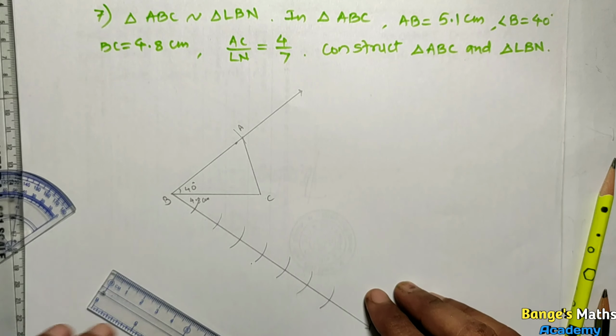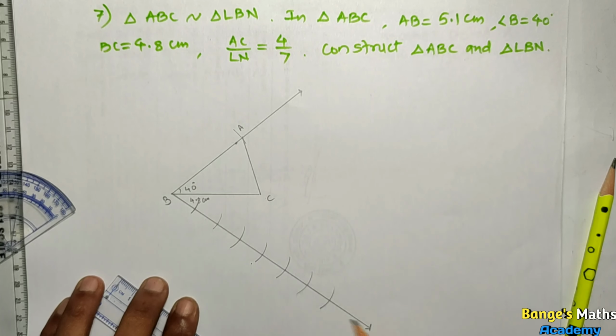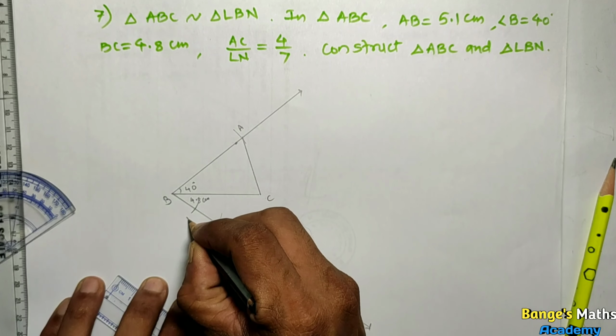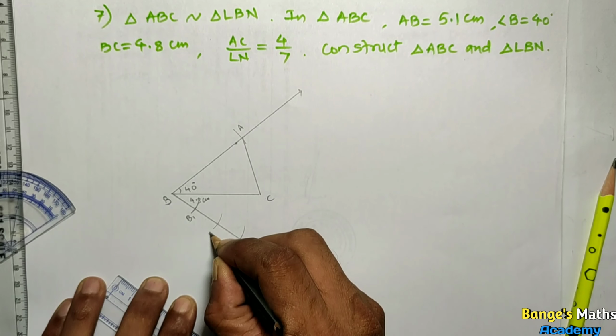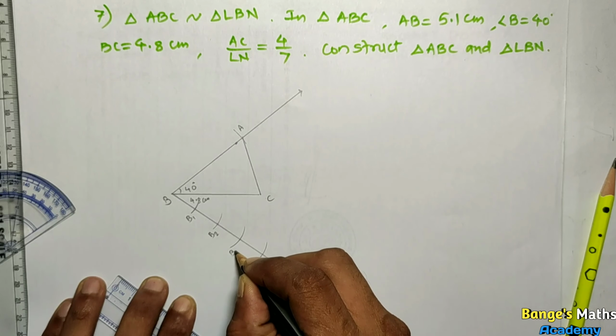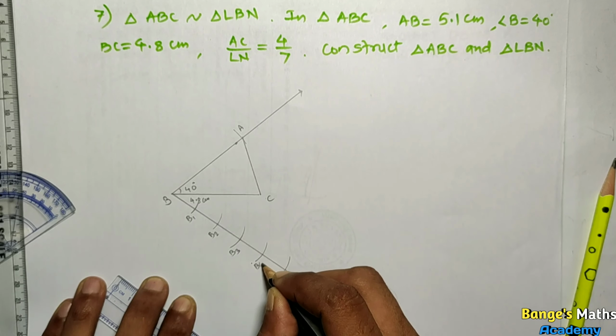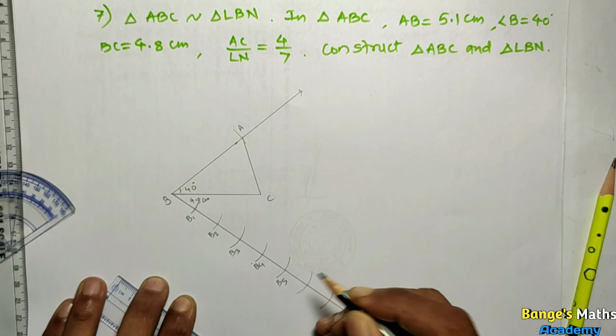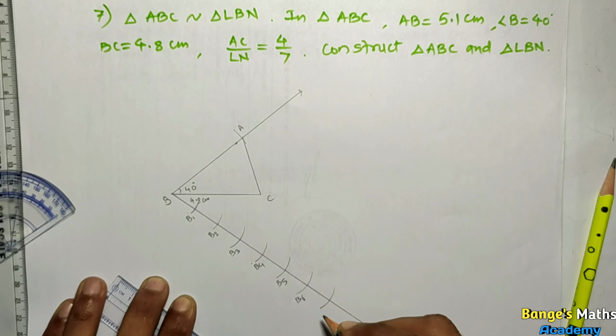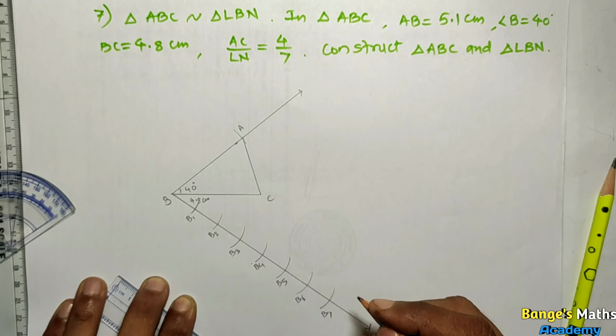We draw 7 equal parts on this ray. Name them B1, B2, B3, B4, B5, B6, B7.